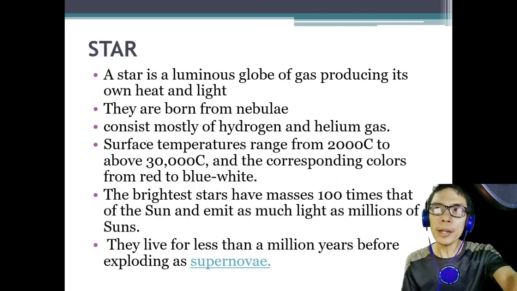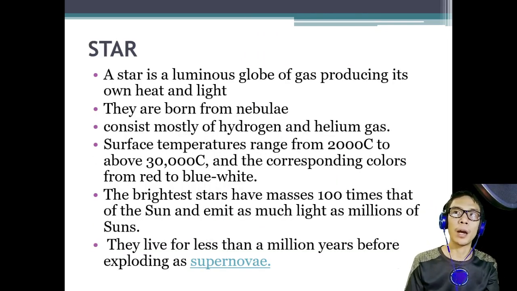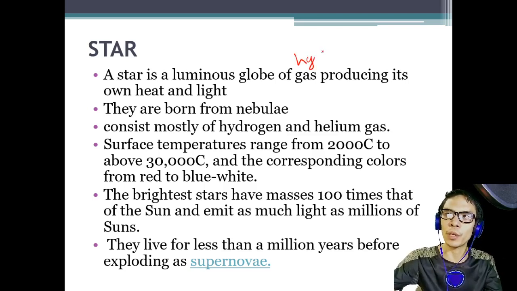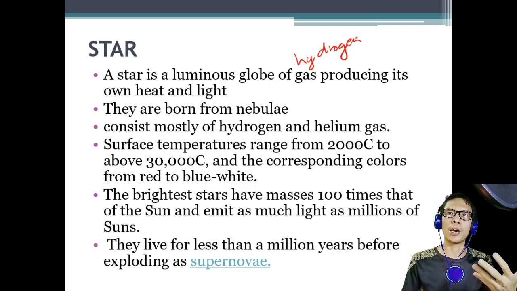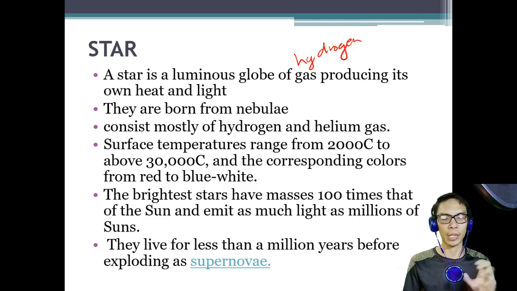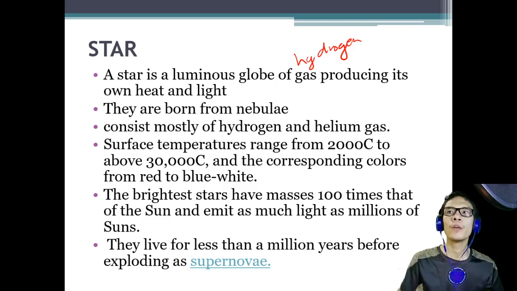Alright, so a star is an object in the universe, in outer space. These are luminous globes of gas, or let me be specific, hydrogen gas, that produce their own heat and light via nuclear fusion. So take note of that one, nuclear fusion.